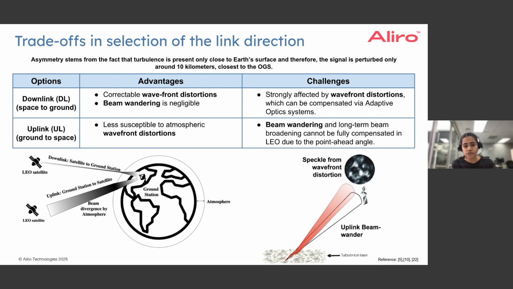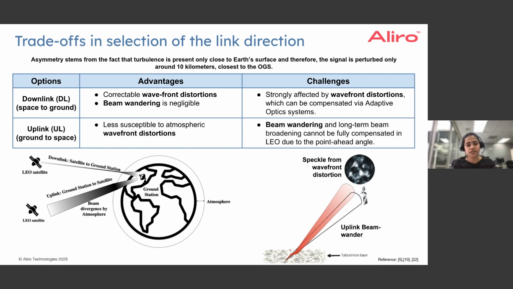So this is an effect that needs to be definitely corrected for when we have an uplink going from optical ground station to the satellite, and it's an important aspect that is not very trivial to correct for, especially in the orbits, because as we talked about before, the point ahead angle here turns out to be significantly larger than the isoplanatic angle. So a downlink beacon cannot be easily used to correct for the uplink transmitted signal.